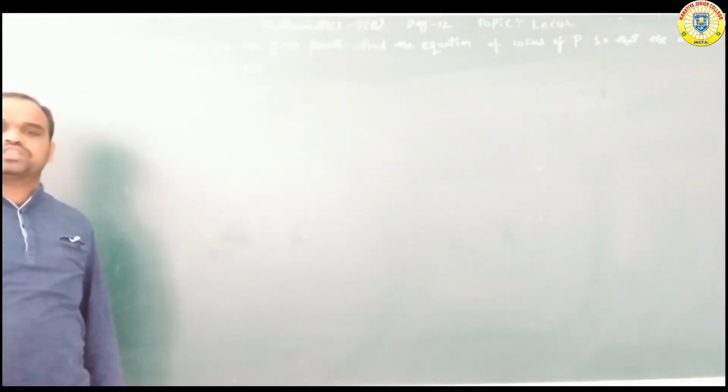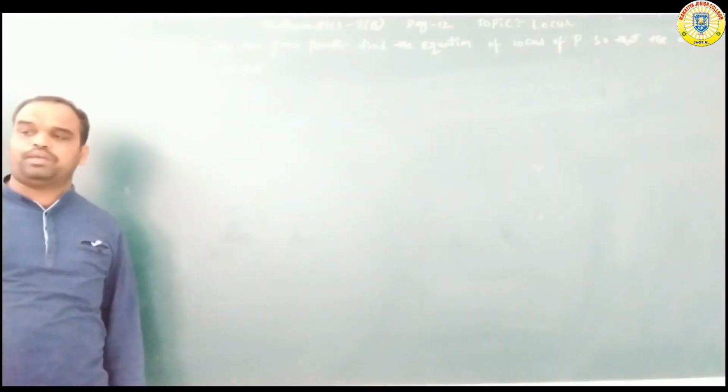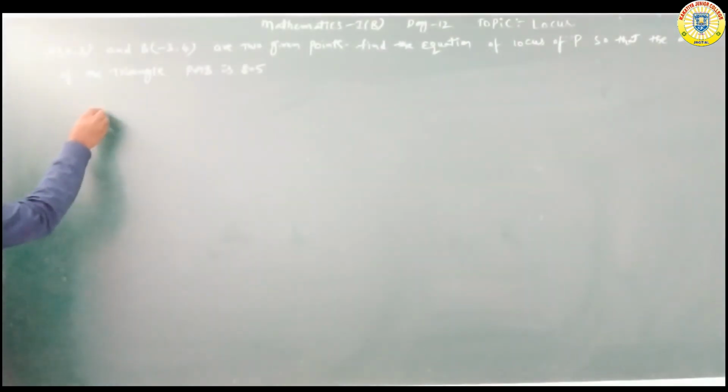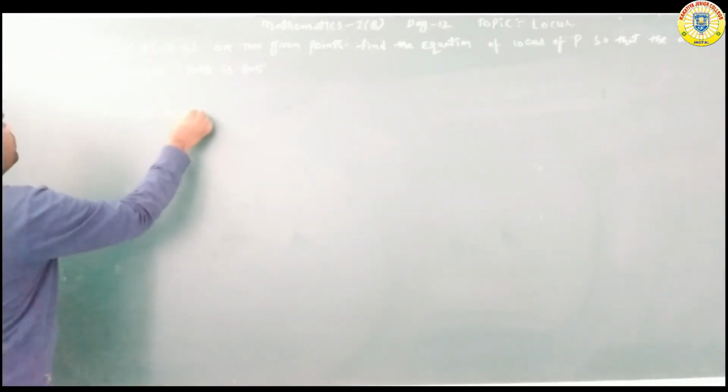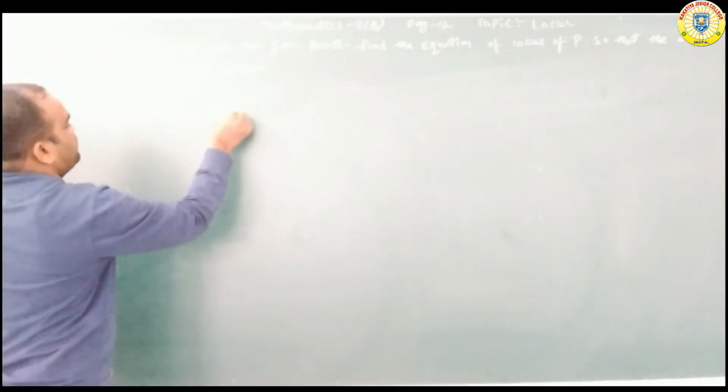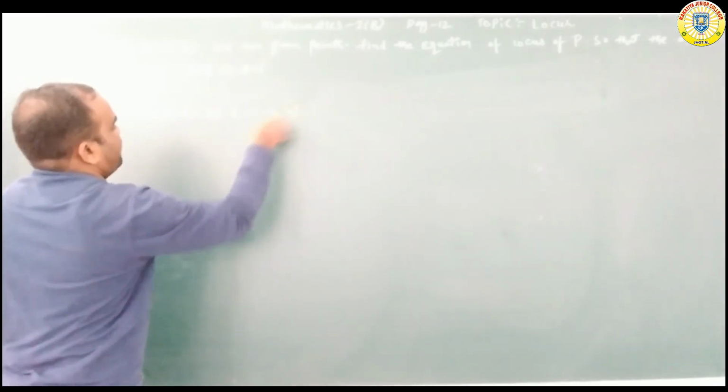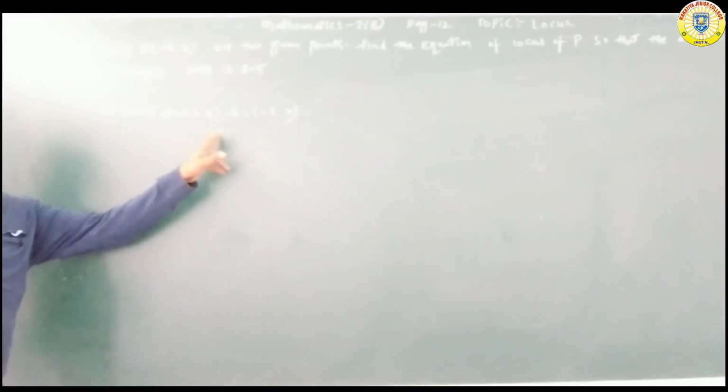Here we are using which condition? Area of the triangle PAB is equal to 8.5. So already there are 2 points. P we are taking as (x, y), A is equal to (2, 3), B is equal to (minus 3, 4). This is x1 y1, x2 y2, x3 y3.